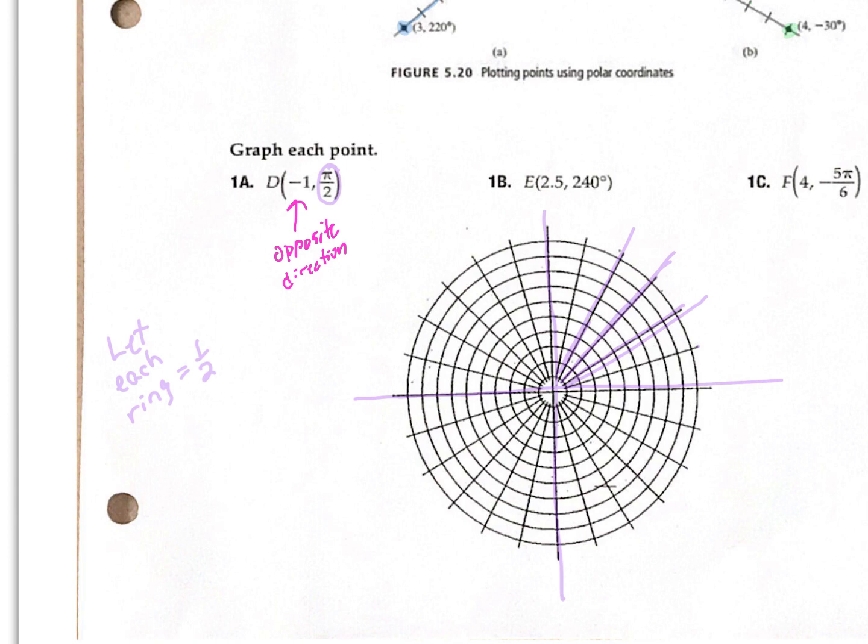So we're going to rotate around to pi over 2, which means to the line going straight up and down, right? But then we're going to go out a distance of 1 through the pole, and we're going to go out 1/2 and 1 unit in that direction. So that's where point D would be.